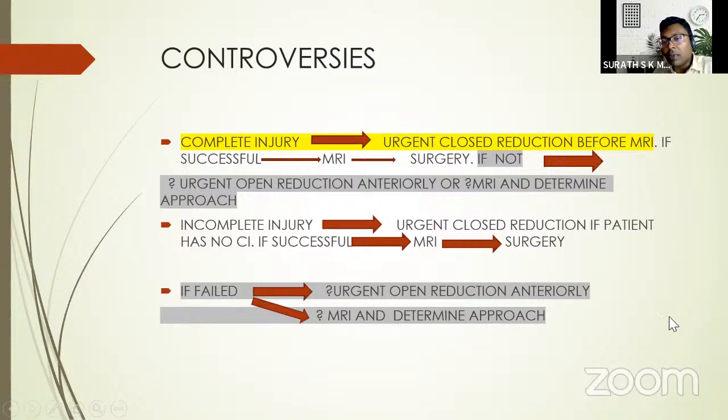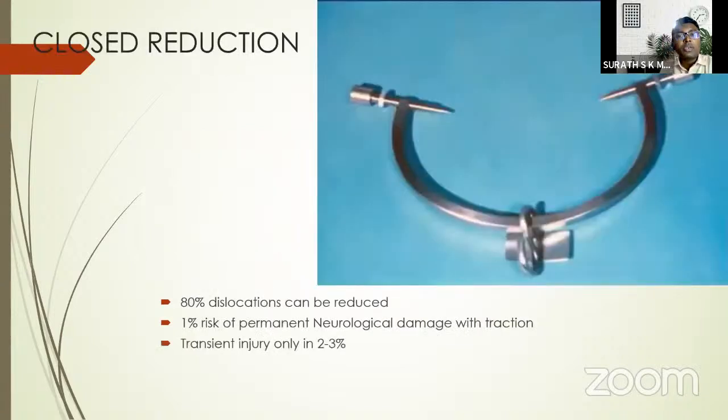I think you have to decide depending on the circumstances, considering your environment, and selectively decide on that aspect. So, talking about closed reduction, we do it whenever it is possible.